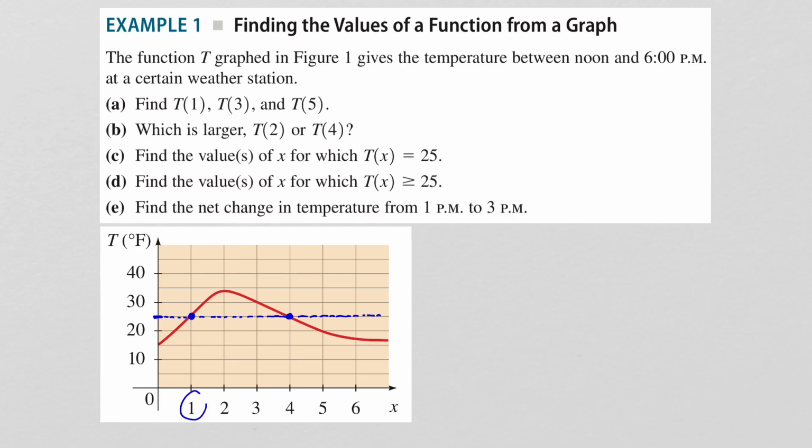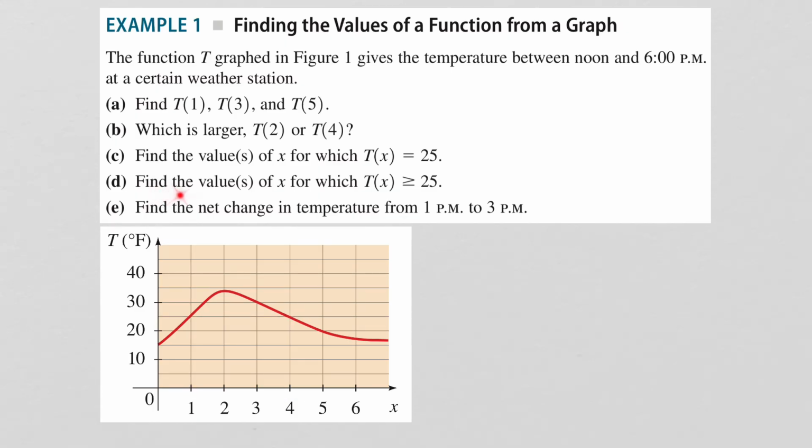And it appears to be at 1 and also at 4. So the values of x are going to be x equals 1 and x equals 4. And keep in mind, this means that the temperature is 25 degrees at 1 p.m. and also at 4 p.m.